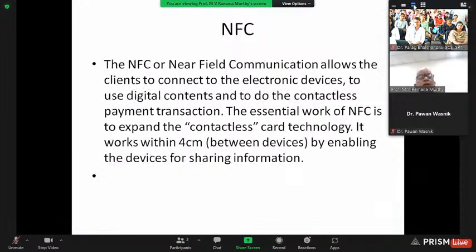Near-field communication allows clients to connect to their electronic devices, to use digital content, and to do contactless payment transactions. Its essential work is to expand contactless card technology. It works within 4 centimeters, enabling devices to share information.